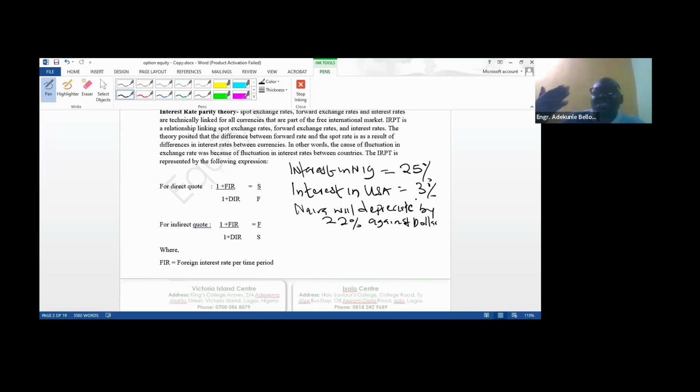We can forecast the forward exchange rate with the equation below. Look at below, please. You can use interest rate parity theory to forecast exchange rates between two currencies, provided you are given the spot rates and you know the interest rates between the two currencies.